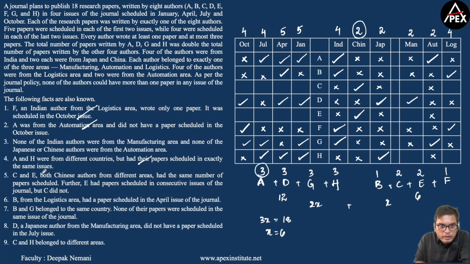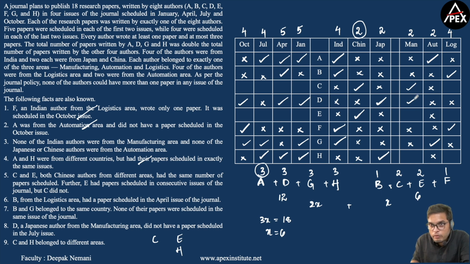In the fifth statement, it is mentioned that C and E are from different areas and C and H also belong to different areas. So if that's the case, the only possibility which is in line with the given statements is when C is from manufacturing area.